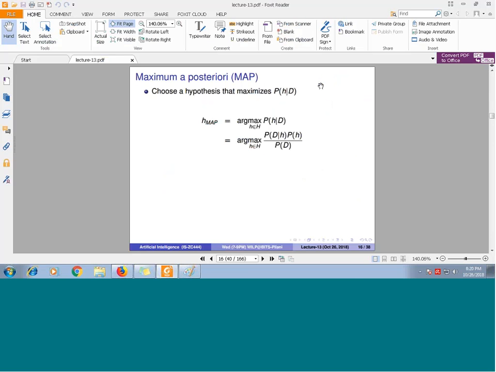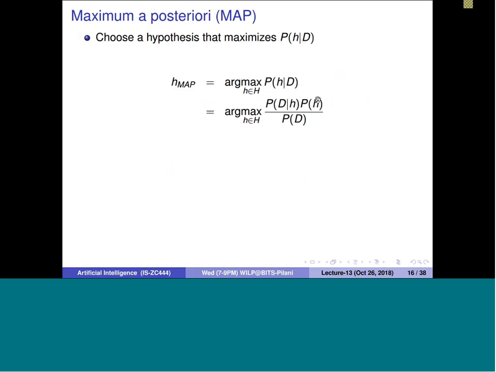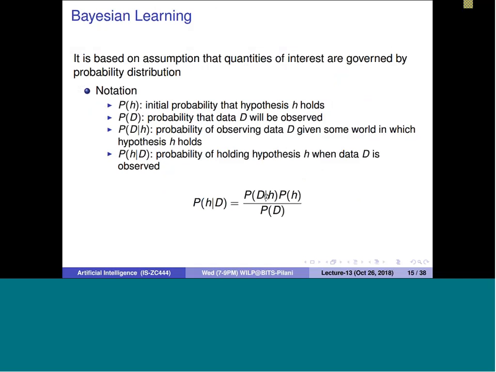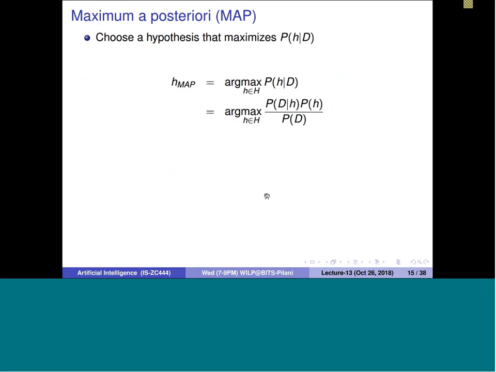So our task is to find the hypothesis which maximizes this value, probability of H given data. I am going to call that hypothesis the maximum a posteriori hypothesis. We know this is the equation by Bayes rule, so we can put this formula.